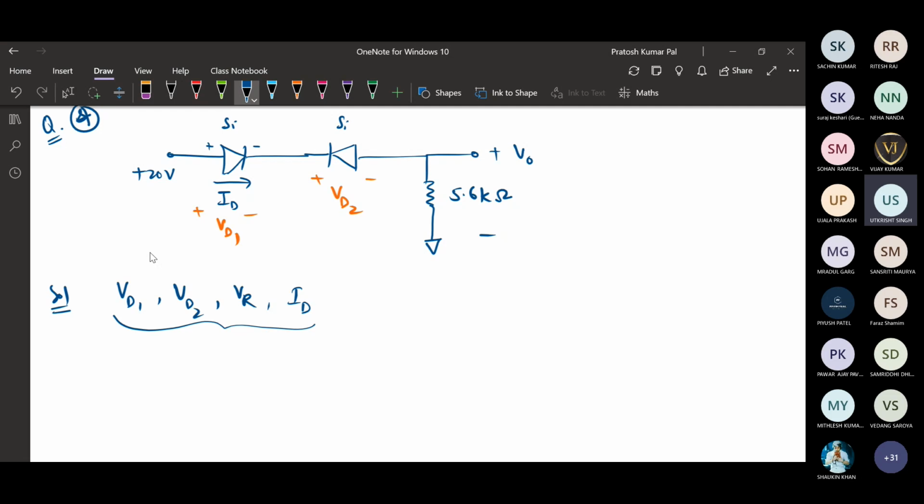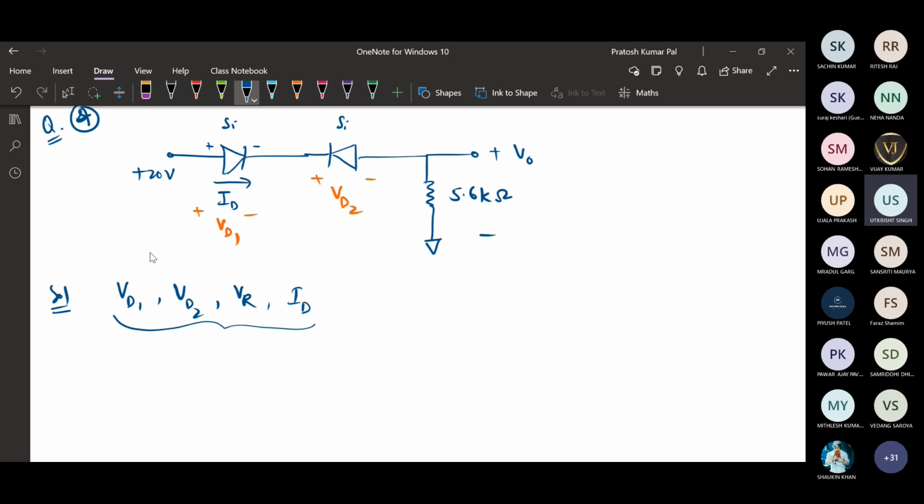This positive is connected to the positive terminal of the supply voltage, and this negative is connected to the negative terminal of the power supply. So this diode is forward bias. If this is forward bias, it is considered to be in on mode. It will be on such that there will be some current flowing through this.